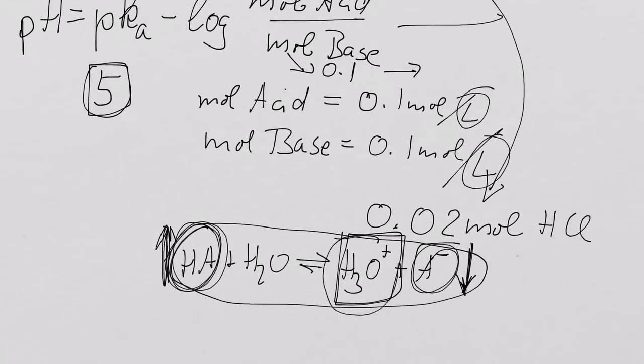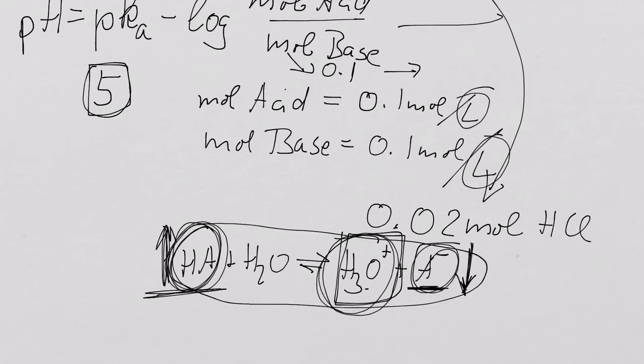We added protons here, right? Now these protons grab the A minus and become the HA. Yeah? Does that make sense? These additional protons grab the A minus, grab the base, and become HA. So therefore, the base goes down by the same number of moles that we added of the hydrochloric acid.